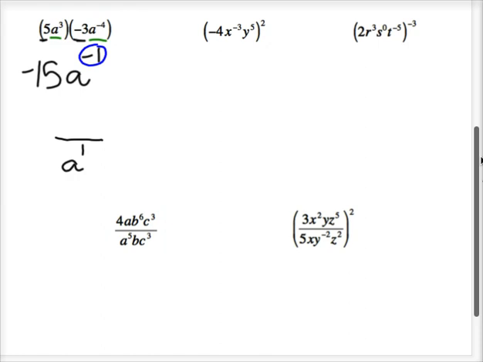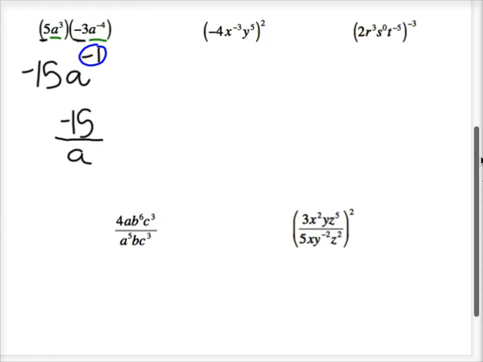And of course, you really don't have to show that it's to the first power. So if you want to just call that a, that is totally fine. But now, only that a had the -1 exponent. So what that means is that -15 stays on top. It doesn't have to move with it. Only the thing with a negative exponent actually needs to move.